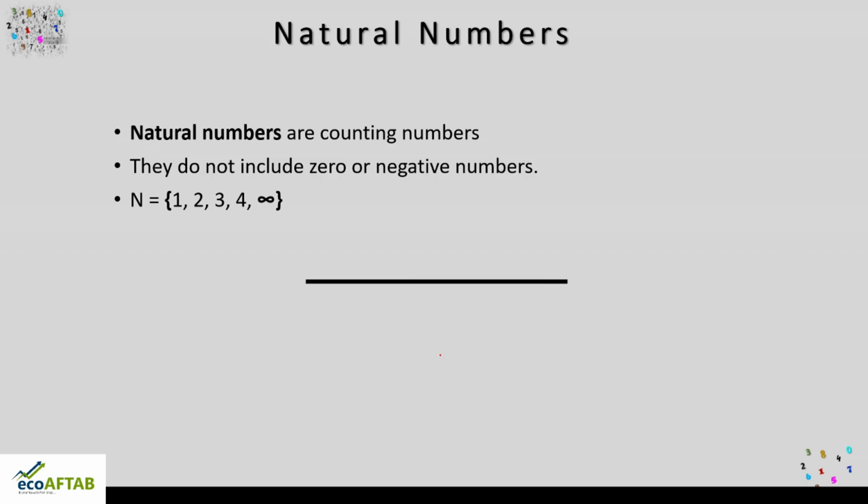So on the number scale, friends, the numbers are 1, 2, 3, 4, 5, and this goes on. This list goes on and on. And here you can observe one thing. I am speaking about all the positive numbers.